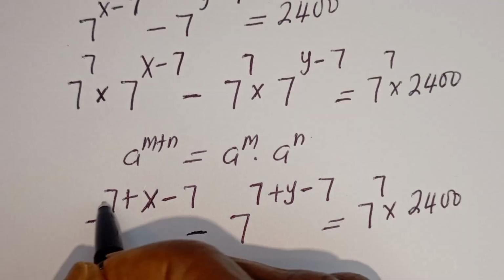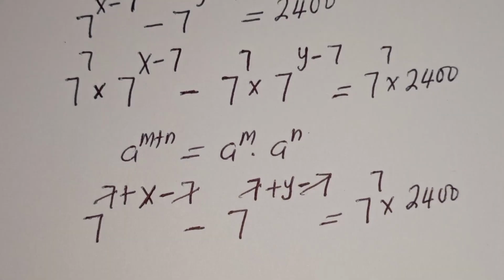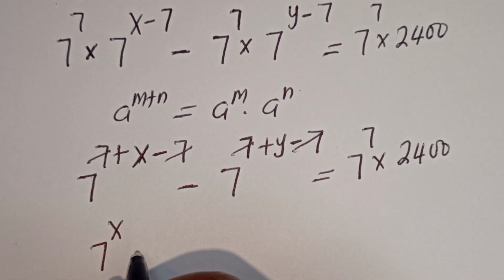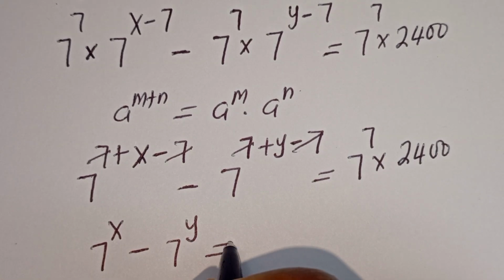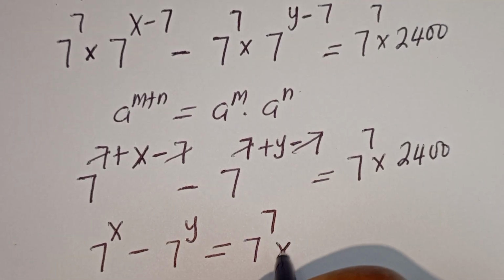Now this 7 will cancel this 7, and this will cancel this. We have 7 to the power of x minus 7 to the power of y is equal to 7 to the power of 7 multiplied by 2400.